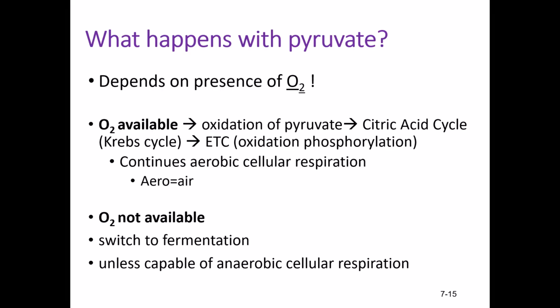That root word aero means air, and in this case we're talking specifically about O2. If oxygen is not available, then the cell is going to switch to either fermentation, or if it's capable, it will do anaerobic respiration. That root word an means not or without. So anaerobic cellular respiration happens without oxygen.